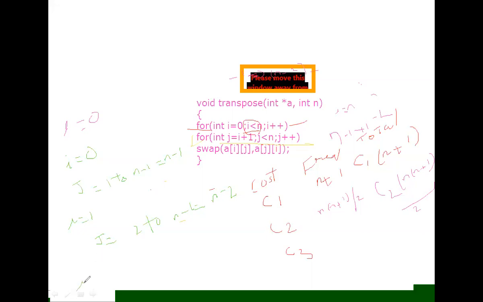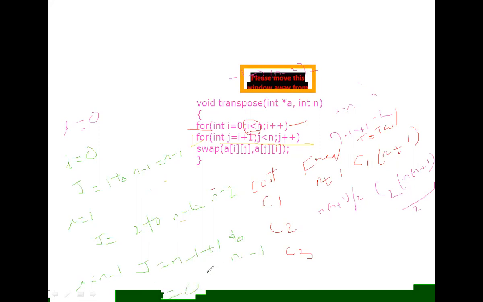And similarly, i equal to n minus 1. So we already considered at i equal to n minus 1, j equal to n minus 1 plus 1 to n minus 1. So that is 0.